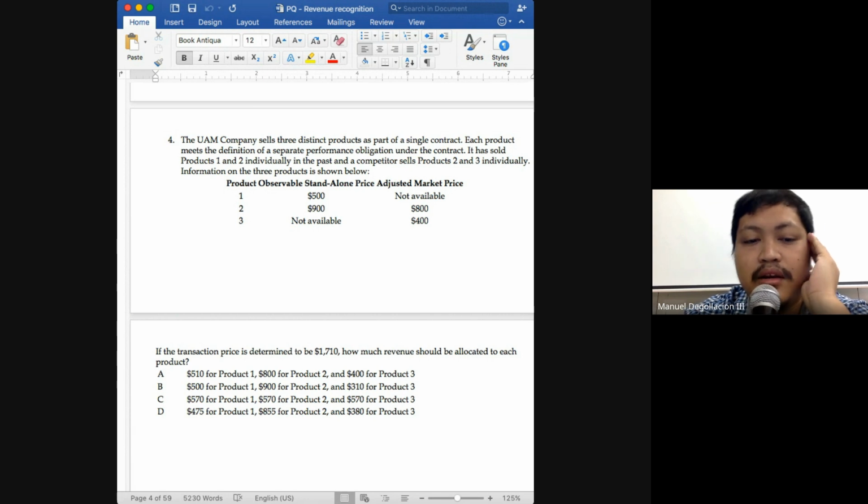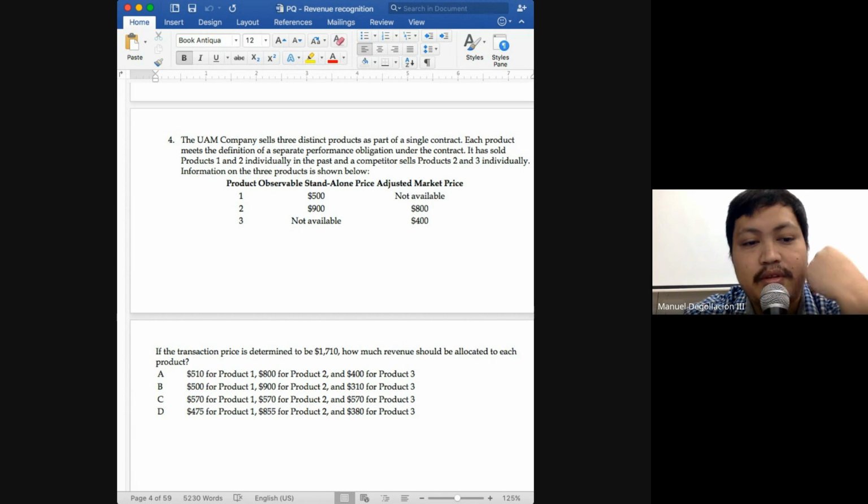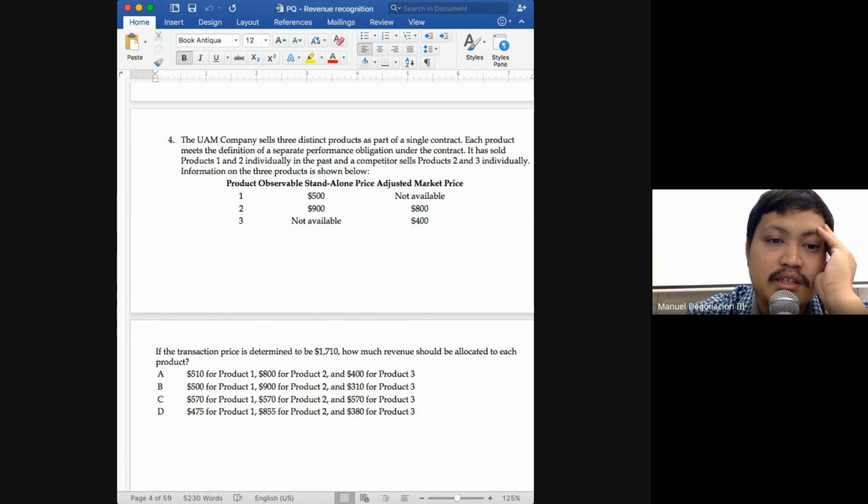Please help me with multiplying here. First, for product 1, 1,710 multiplied by 500 over 1,800 gives 475. With that, we don't even have to solve the other choices. Only one choice is 475. But for the sake of practice, class, solve for product 2. What are we going to do to determine product 2? 1,710 times 900 over 1,800, or that's simply 1/2.